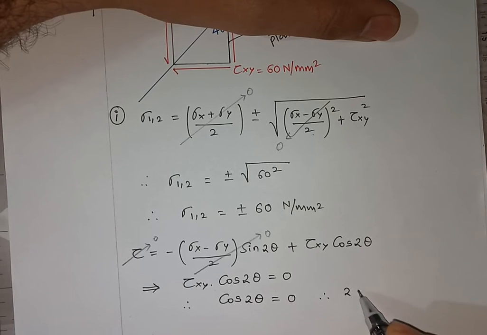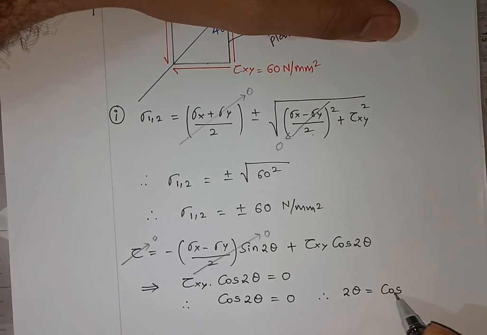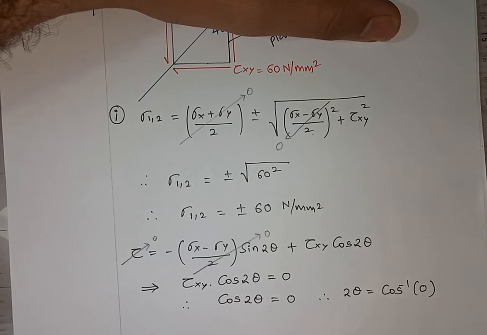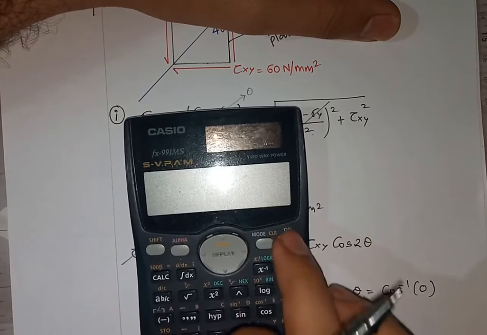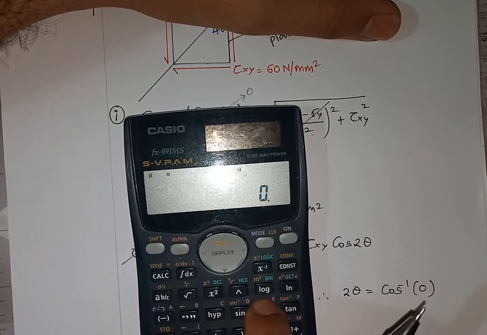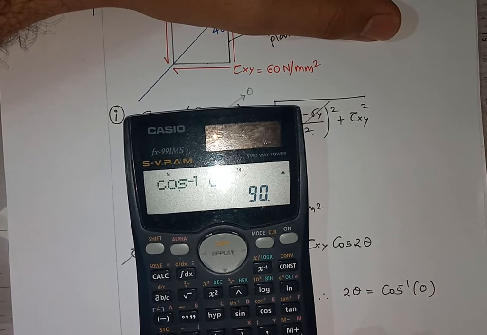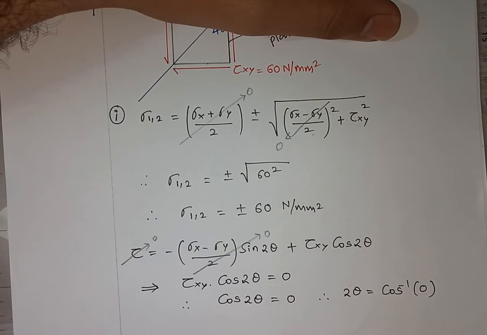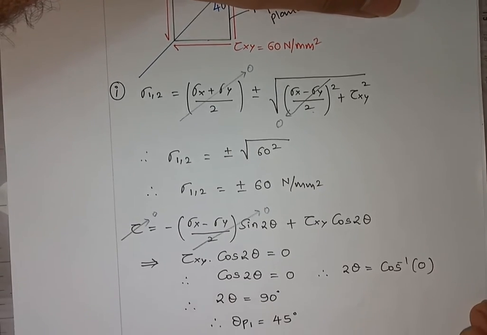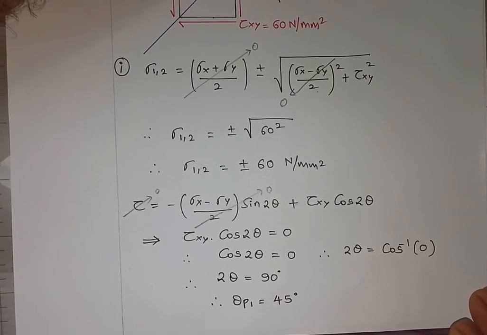Therefore 2 theta is equal to cos inverse 0. So let me check out what is cos inverse 0. Shift cos inverse 0. It is 90 degrees. Right? So therefore 2 theta value is coming out to be 90 degrees. So therefore theta P1 will be equal to 45 degrees.